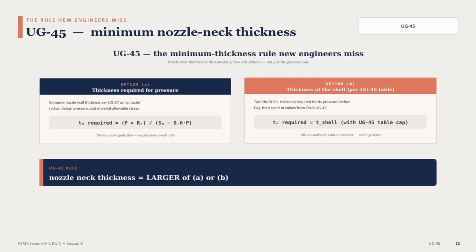UG-45 rule. Nozzle neck thickness equals the larger of option A or option B, whichever is thicker wins.